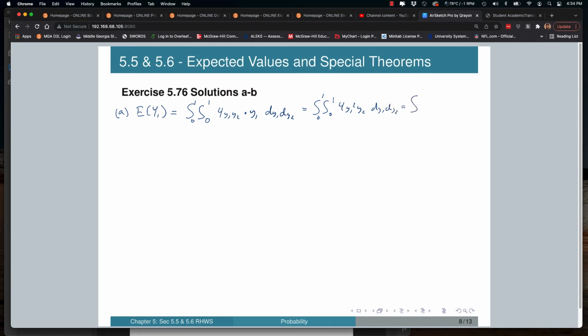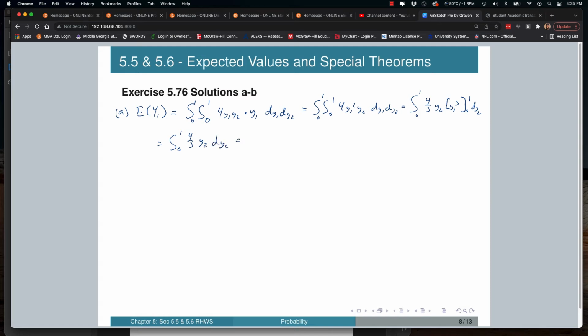If I integrate the inner integral with respect to y sub 1, I should get the following: 4/3 y sub 2, and then we evaluate y sub 1 cubed from 0 to 1, dy sub 2. Which is really just the integral from 0 to 1 of 4/3 y sub 2, dy sub 2.